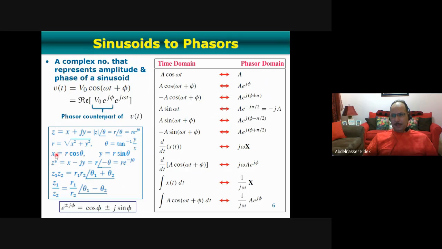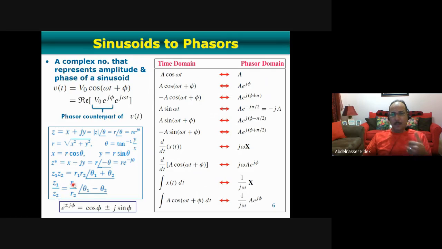Something like this is called z conjugate. This one is the same as z, but with the negative of the imaginary part. If you multiply two complex numbers, you multiply the amplitudes and add the phases. So z1 times z2 equals r1 times r2, and the angle is theta1 plus theta2.